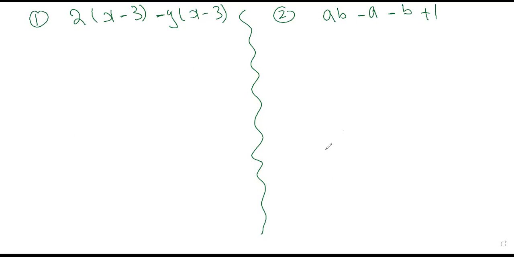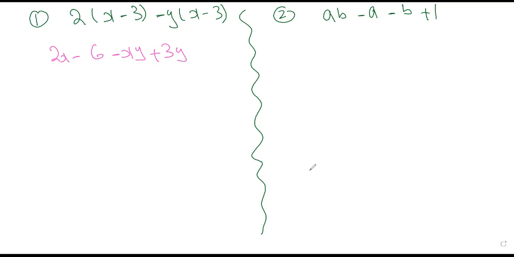In the first one, first we have to multiply them. If we multiply them, it would be 2x minus 6 minus xy plus 3y. And then, do you see anything common? No, right?